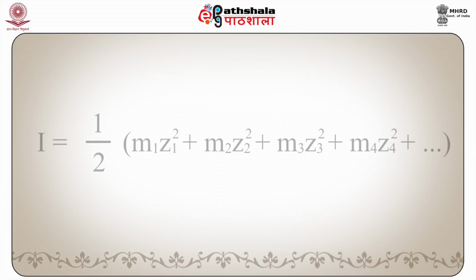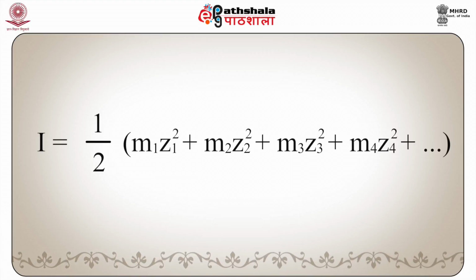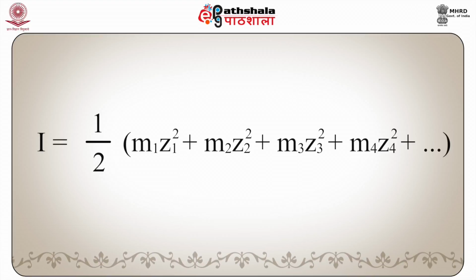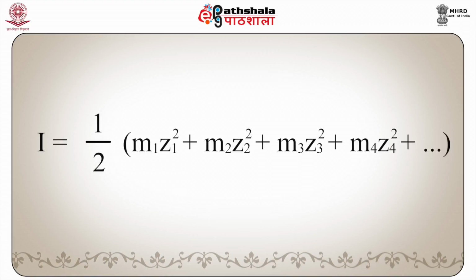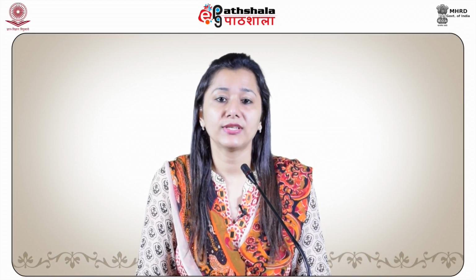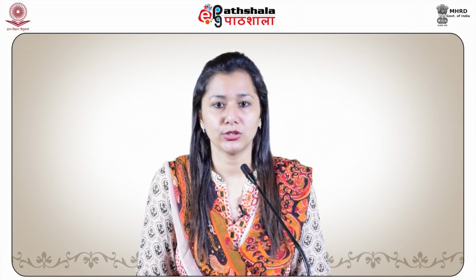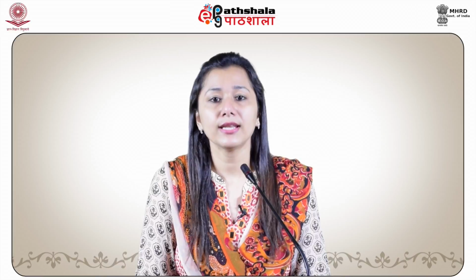If we consider a solution which has more than one type of ions, then ionic strength can be written as I equals half into brackets M1 Z1 square plus M2 Z2 square plus M3 Z3 square plus M4 Z4 square, plus so on. For univalent electrolyte of the type, for example, sodium chloride or potassium chloride, the expression for ionic strength will contain only two terms, that is one for cation and other for anion.